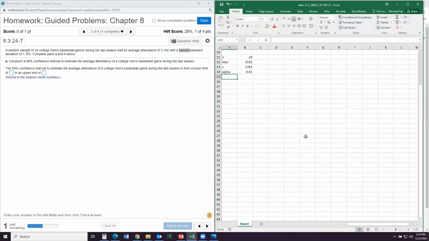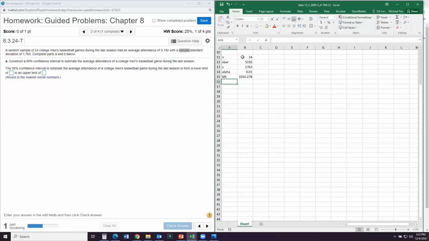So again, I can find the margin of error directly, but this time, because I don't have a population standard deviation, I have to use the sample standard deviation, which means instead of confidence.norm, I'm going to use confidence.t. Same arguments though, it's the alpha, the sample standard deviation, and n, the size.